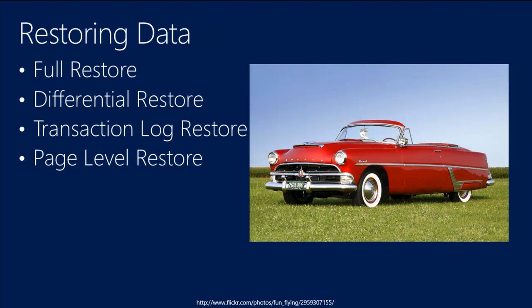Page-level restores allow us to literally pick a specific page within the database and restore that one specific page. We start by restoring that page from the full database backup, and then we roll through all our transaction log backups up to the current point in time. That brings that single page forward up until the current point in time where the rest of the database is at.